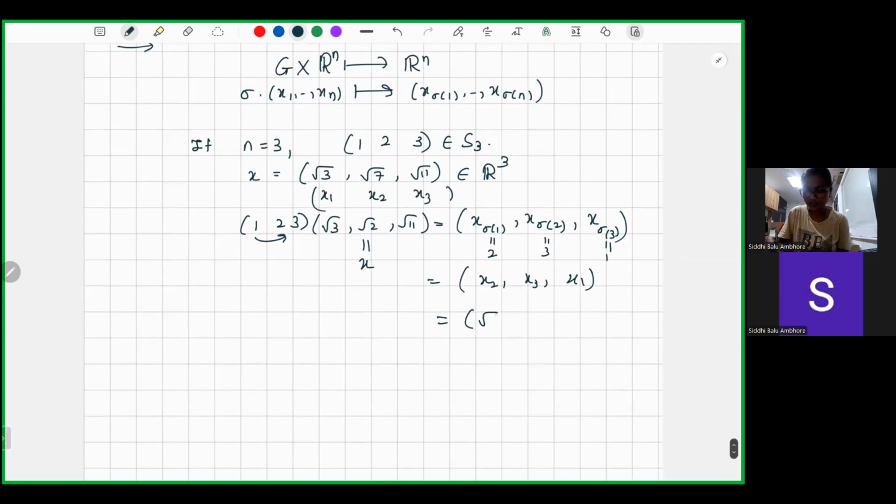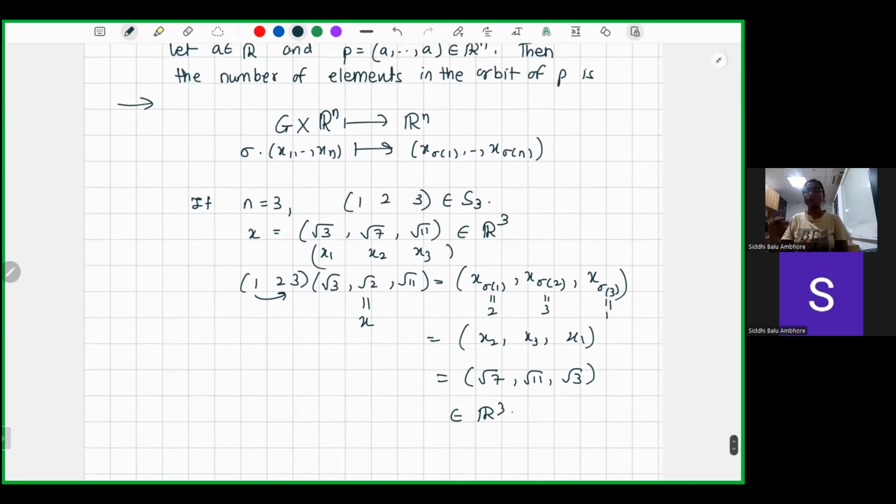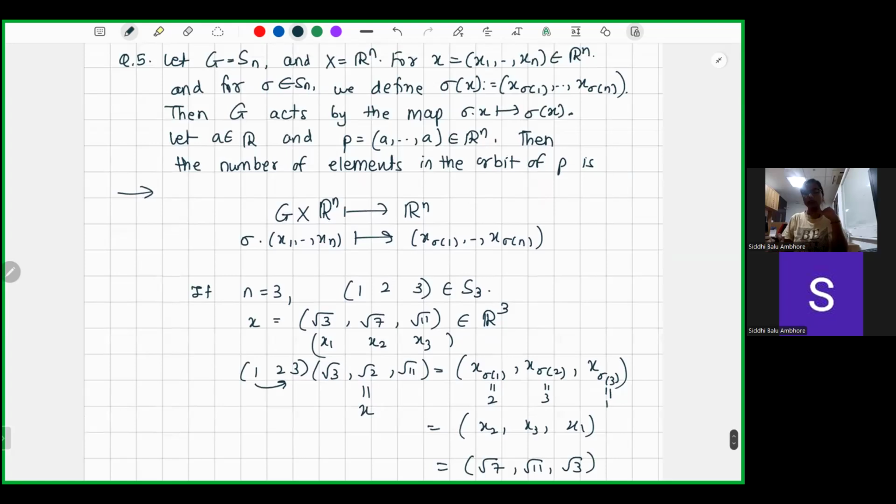So it is root 7, root 11, and root 3, again an element of R3. That's how this group action is defined.